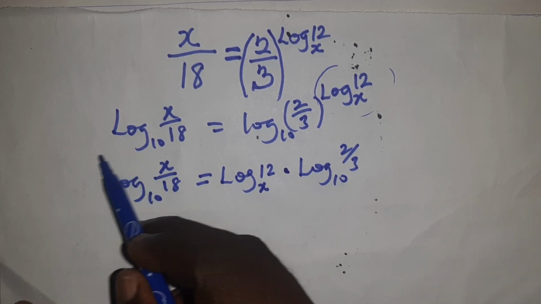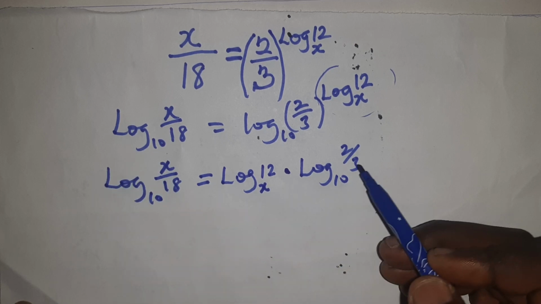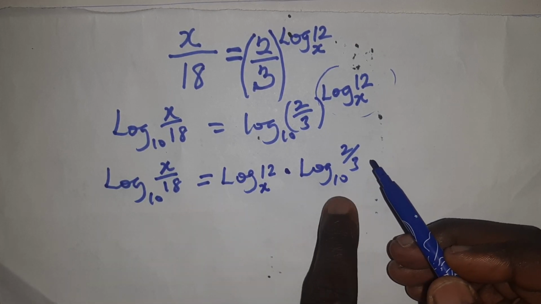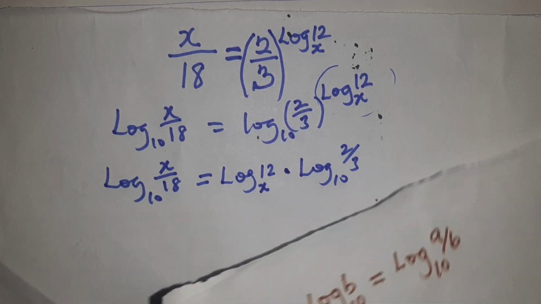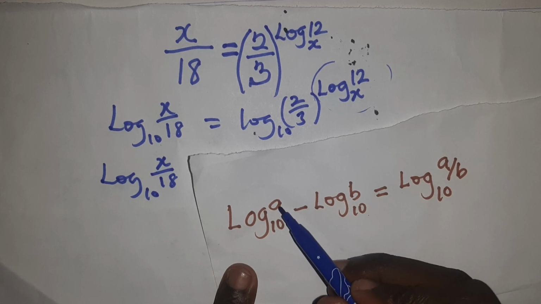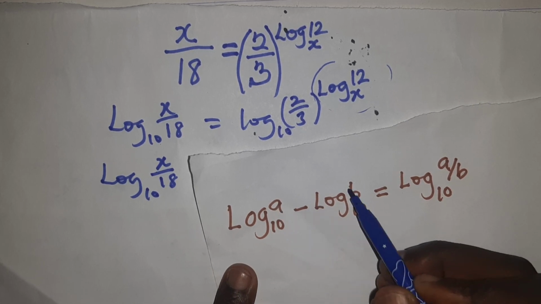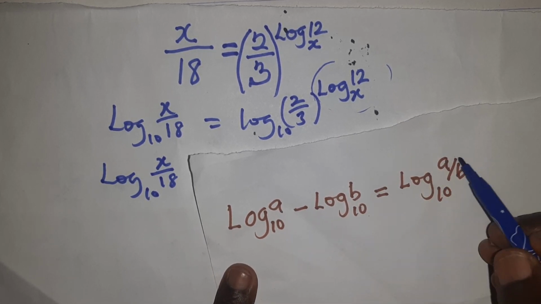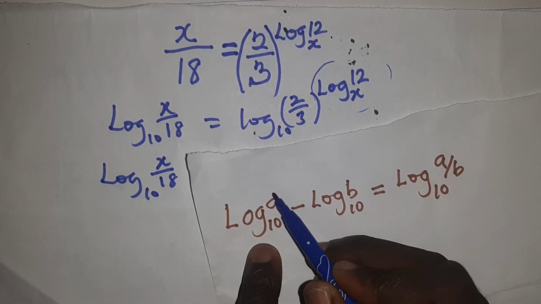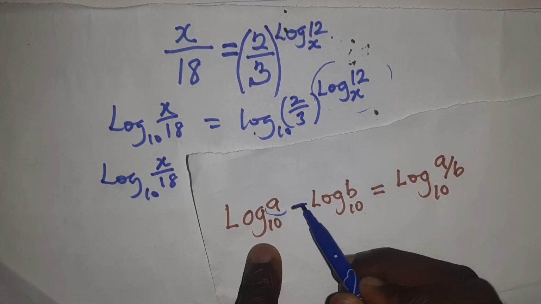Then we can now simplify the left hand side, that's this part of the left hand side and this part of the right hand side. Remember that log a to the base 10 minus log b to the base 10 gives us, using the division rule, log base 10 and then you divide the numbers because it is subtraction.